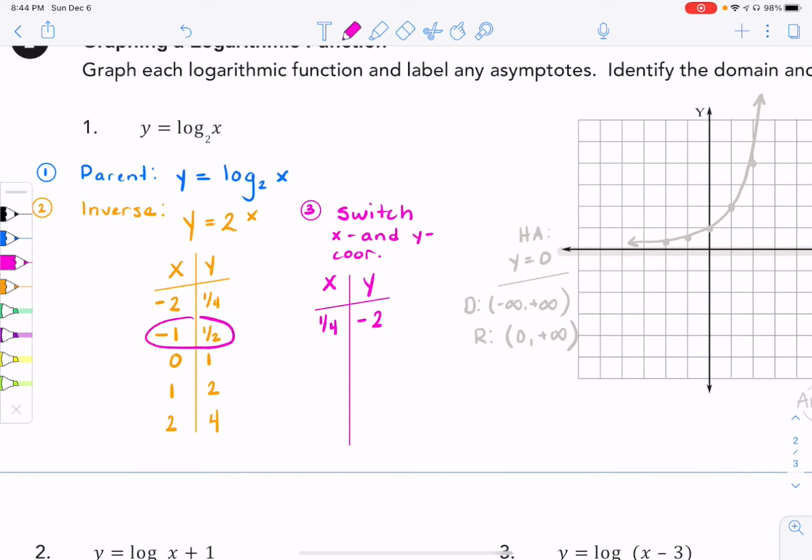The next point, switch those, x value of 1/2, y value of -1. Next, x value of 1, y value of 0. x value of 2, y value of 1. x value of 4, y value of 2. So we switched.